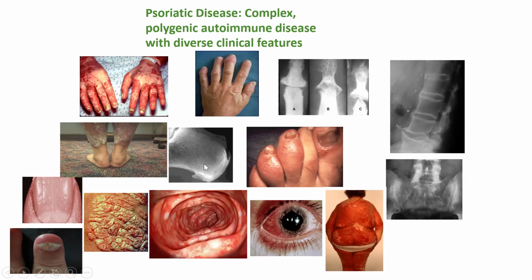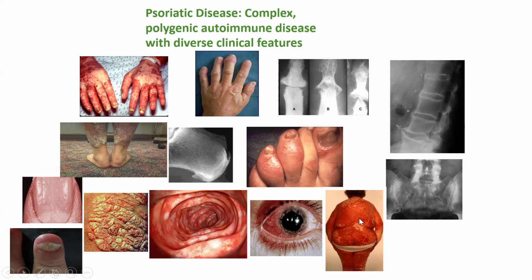This heel X-ray is intended to demonstrate enthesitis, which is inflammation where the plantar fascia inserts into the heel bone or the Achilles tendon inserts into the heel bone. And then what we call dactylitis, swelling of a whole digit, which involves not only arthritis and enthesitis, but also osteitis of the bone.